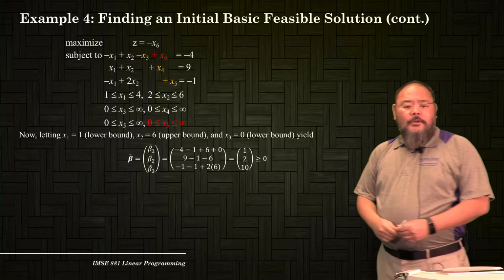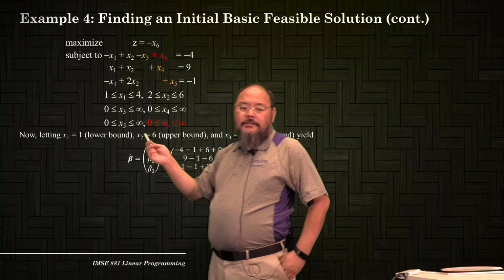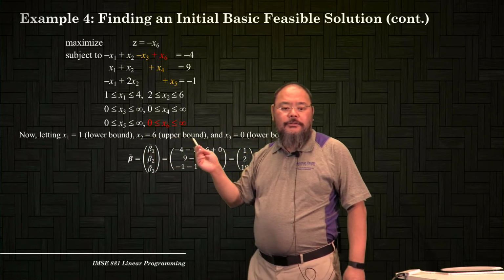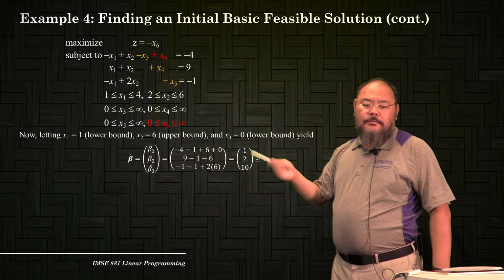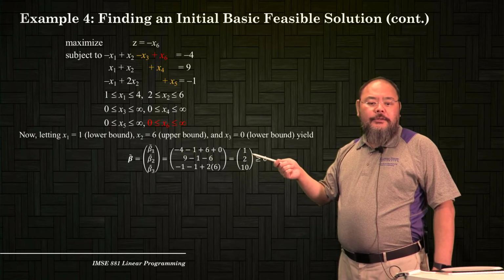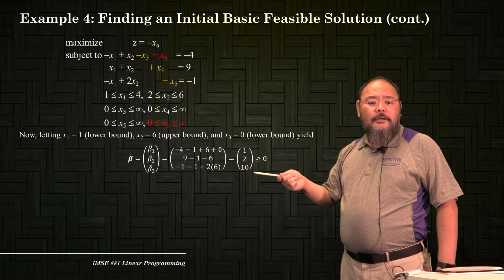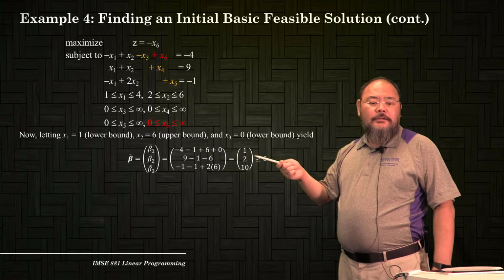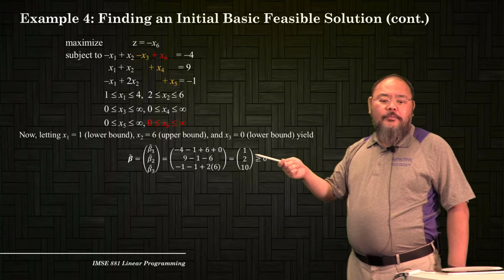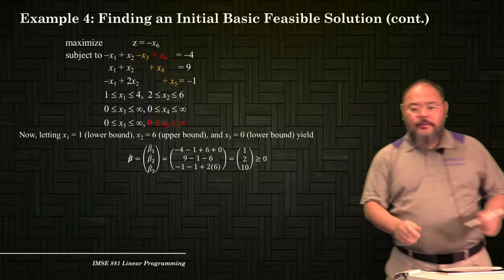Again, we set x1 equal to 1 and x2 equal to 6. Now the current basic variables become x6, x1, and x5, with values 1, 2, and 10, and they are all positive right now.